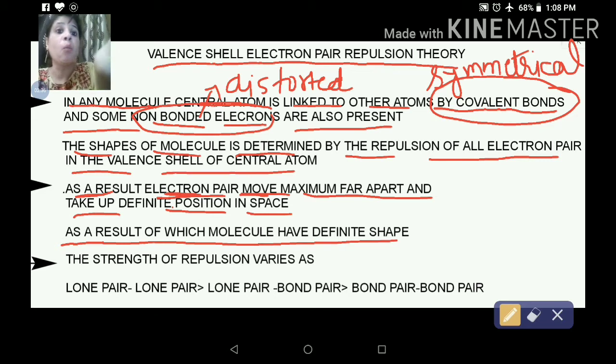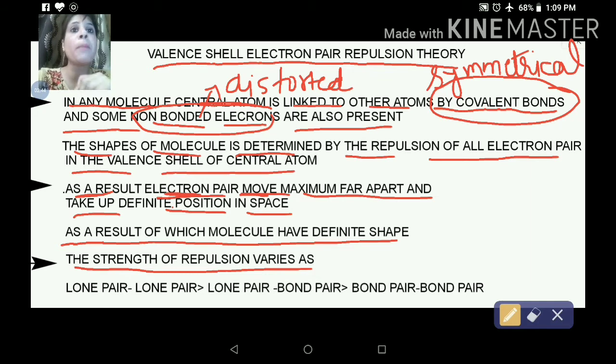But what will be the strength of repulsions? If we have both lone pair and bond pair on the central atom, we know that lone pair electrons are closer in space because they are present on the same atom. They are also closer to the nucleus. So one lone pair will repel another lone pair maximum, because lone pairs are closer.